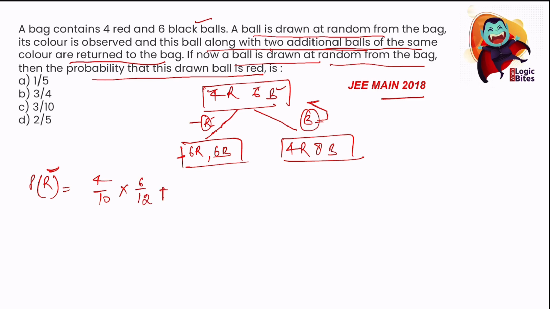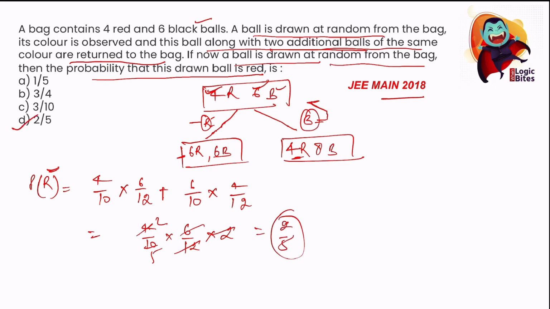Or if in the first case we have drawn a black ball, its probability will be 6 divided by the total 6 plus 4, 10, multiplied by, now we want to draw a red ball, 4 divided by 12. This is nothing but the same term. So 4 divided by 10 into 6 divided by 12 into 2. So 6 into 2 is 12, it will cancel, 2 into 2, and so this is 2 by 5.